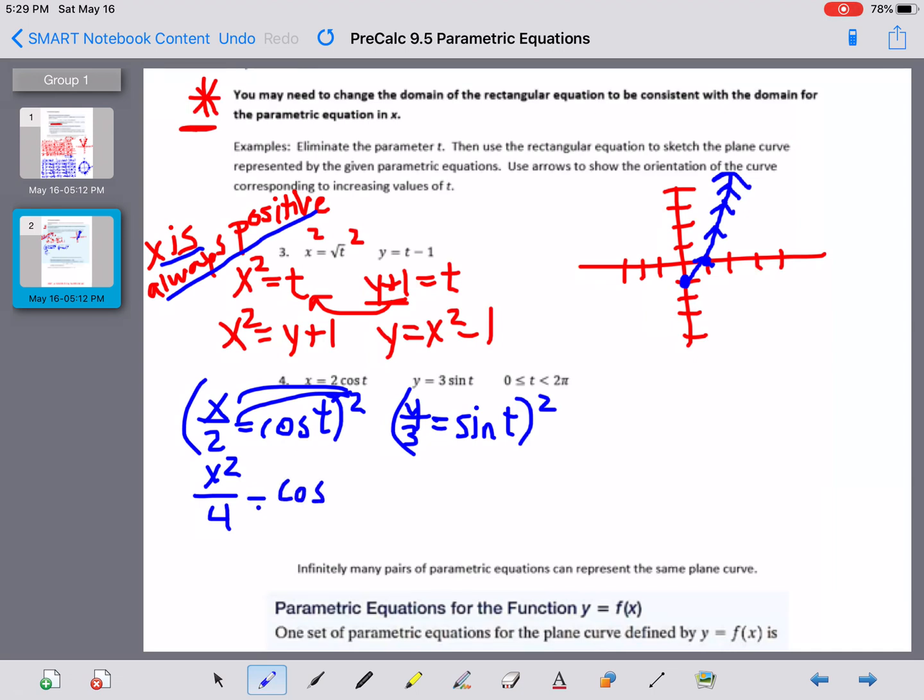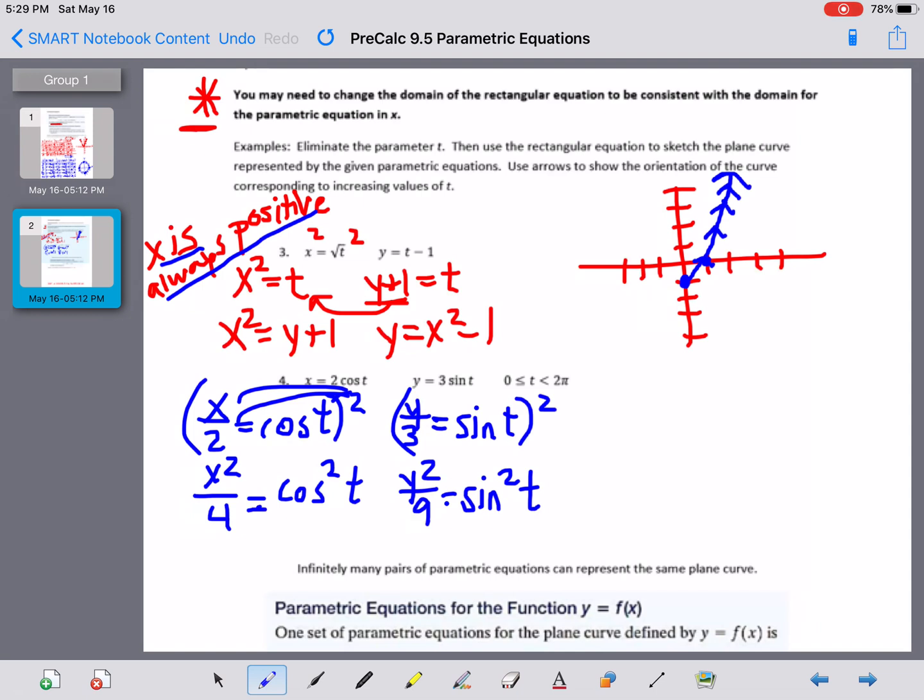Remember, cosine t is one identity, so it's not like cosine squared t squared. That's just one thing that got squared, so I put the square on the cosine. On my second one, I'm going to get y squared over 9 equals sine squared t. I like working with sine squared and cosine squared a lot better than just sine and cosine.